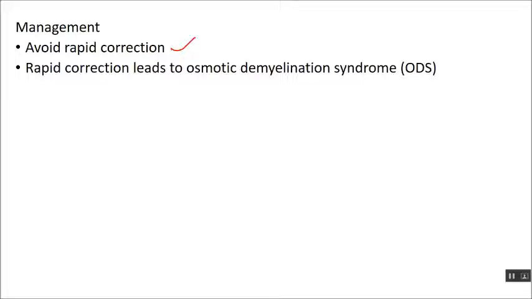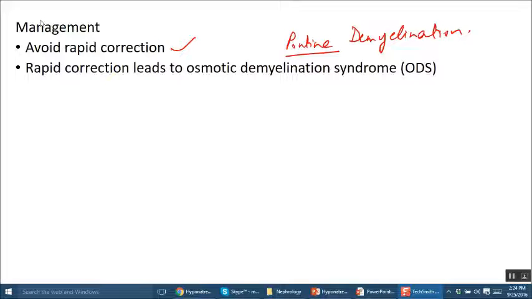If you correct rapidly, it leads to osmotic demyelination syndrome, or we used to call it pontine demyelination syndrome, because the pons is the area of the brain that most commonly gets affected if there is osmotic demyelination.